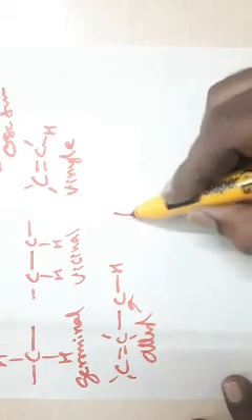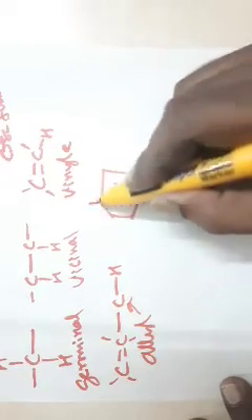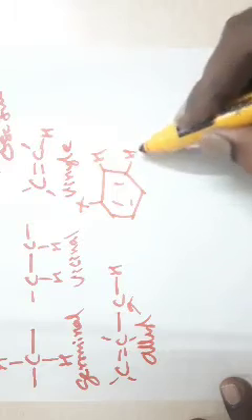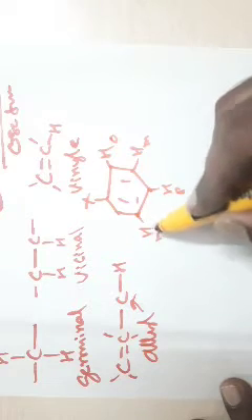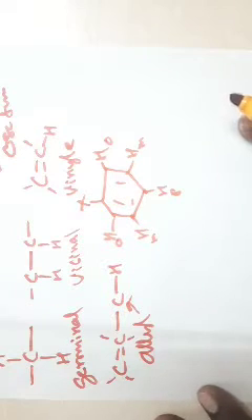And if you have protons in the aromatic ring, suppose it is monosubstituted, then you have ortho protons, meta protons, para protons. Ortho, meta, para. Here also you have meta, ortho. So these are the different protons.